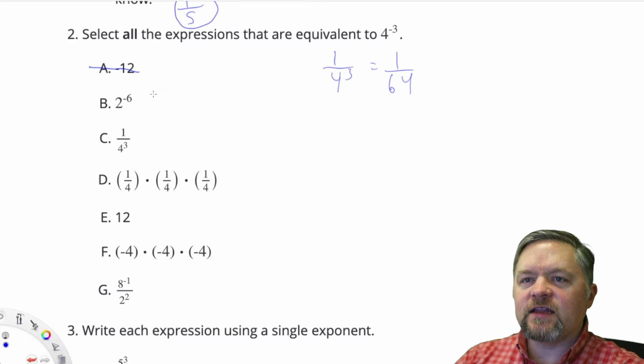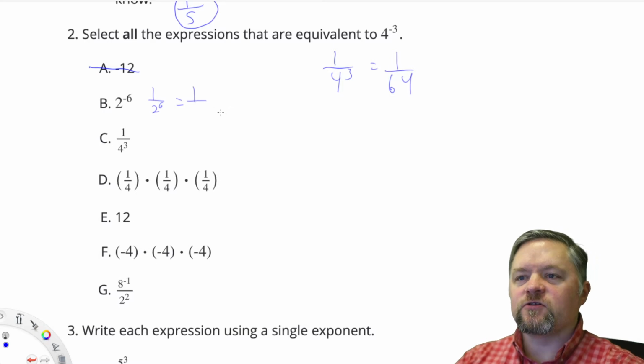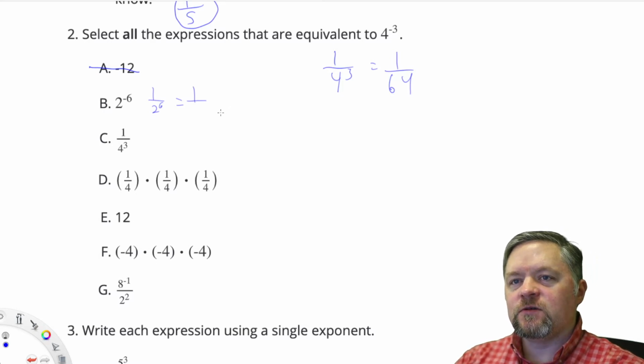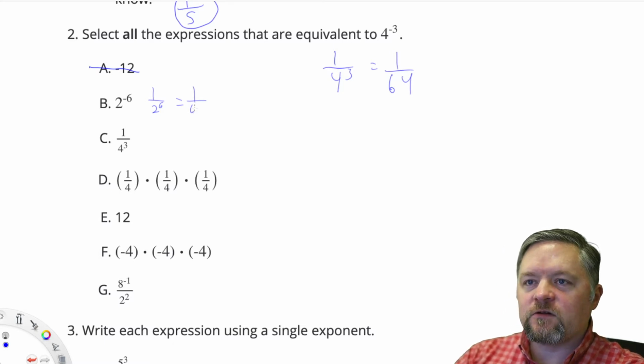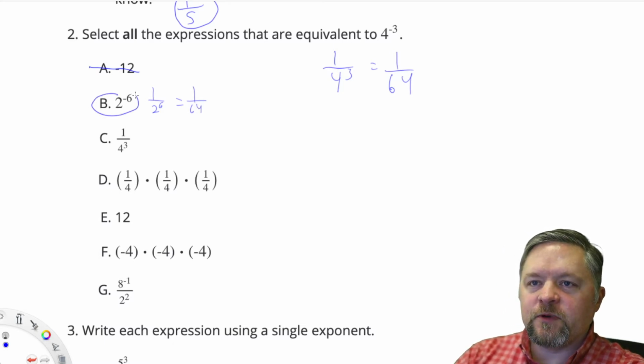2 to the negative 6. Well, that would be 1 over 2 to the 6, which is 1 over 2 times 2 is 4, times 2 is 8, times 2 is 16, times 2 is 32, times 2 is 64. So B works.